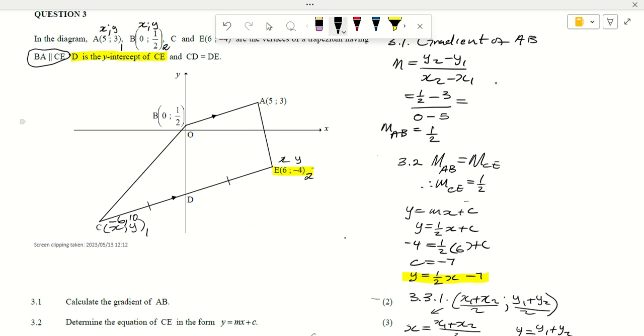Quadrilateral ABCD. So we go from A, go to B, go to C, and go to D. So meaning our quadrilateral is this here, ABCD, right?